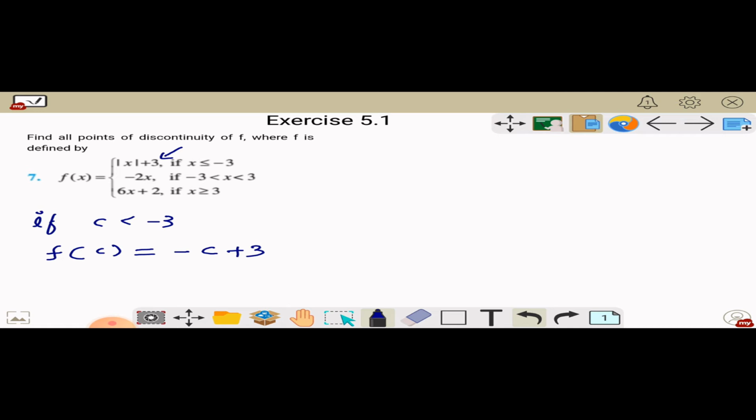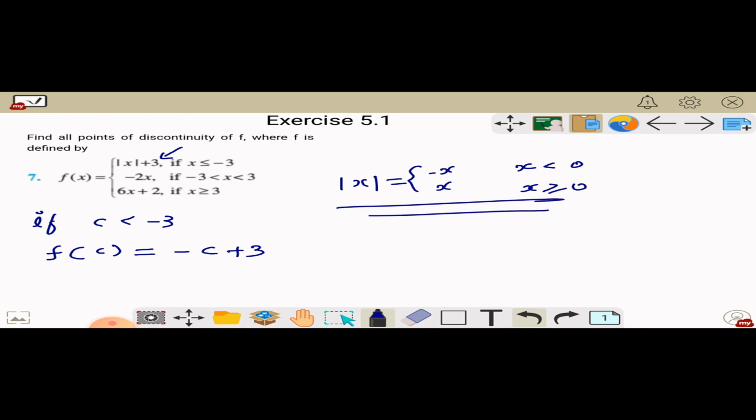Why? Because from the definition of modulus, it is negative if x is less than 0 and x is positive if x is greater than or equal to 0. This is the definition of the modulus function. So from this we can write minus c plus 3.